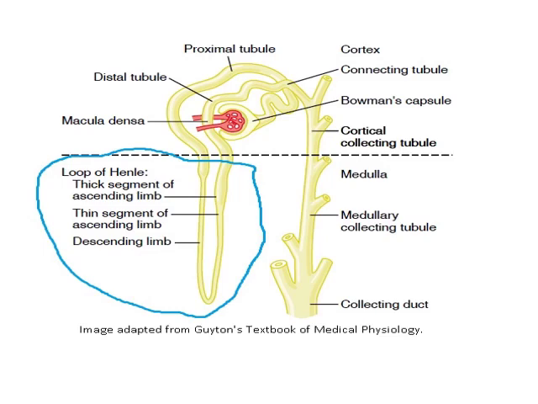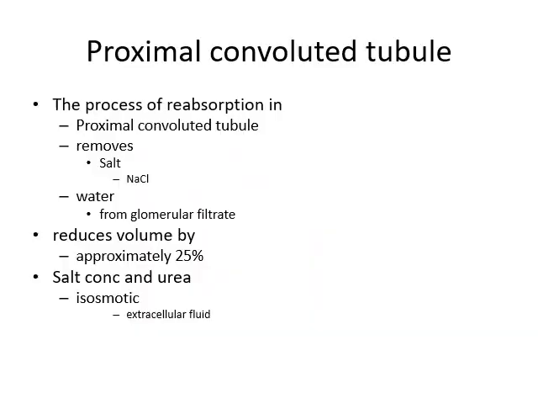Now come to the next, the proximal convoluted tubule. The process of reabsorption in the proximal convoluted tubule removes salts, including NaCl, and water from the glomerular filtrate. In the previous diagram you observed the proximal convoluted tubule. It reduces the volume of the filtrate by 25%.